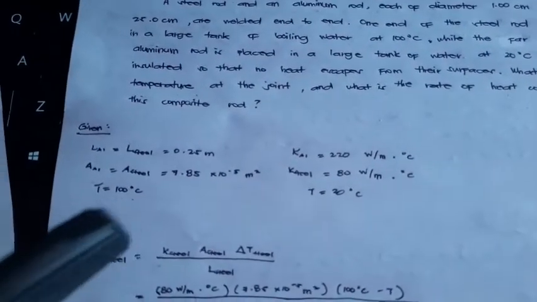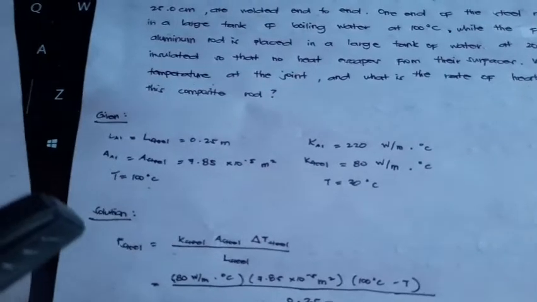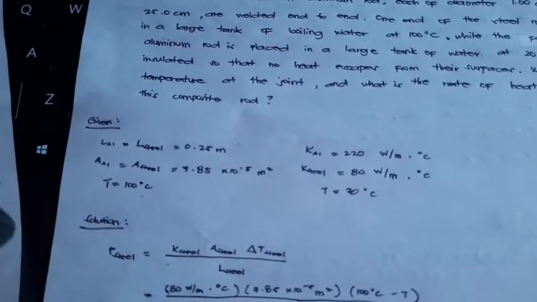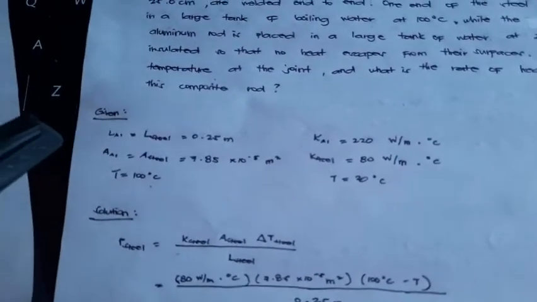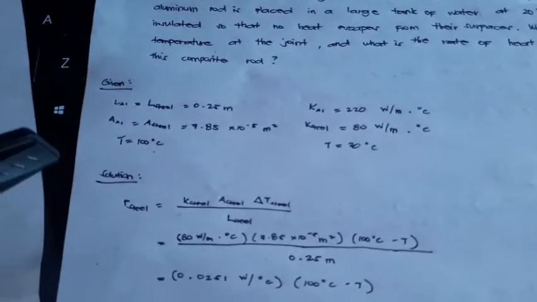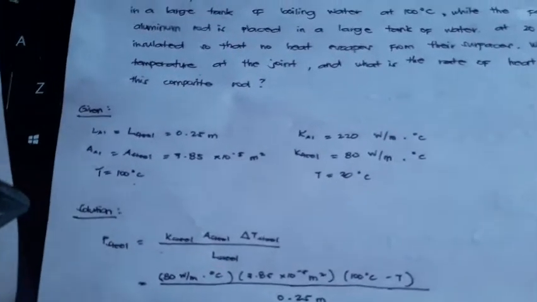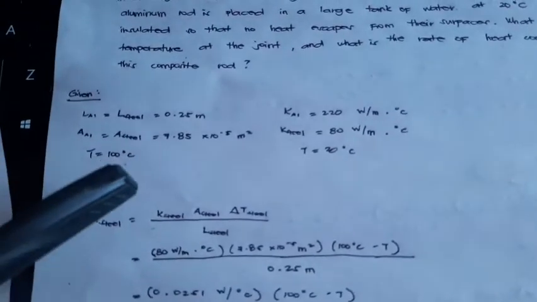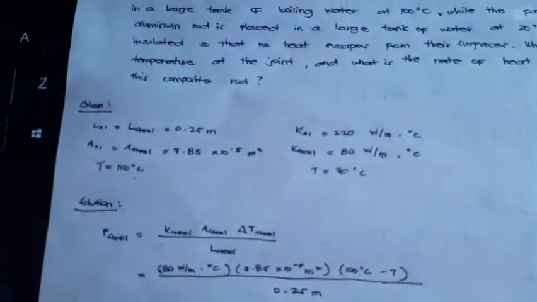So we identify the knowns and convert them to SI units. The length of each rod is equal to 0.25 meter. The cross-sectional area of each rod is equal to 0.85 times 10 raised to the negative 5 power meter squared.